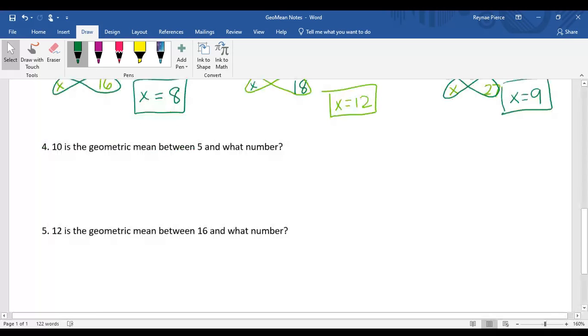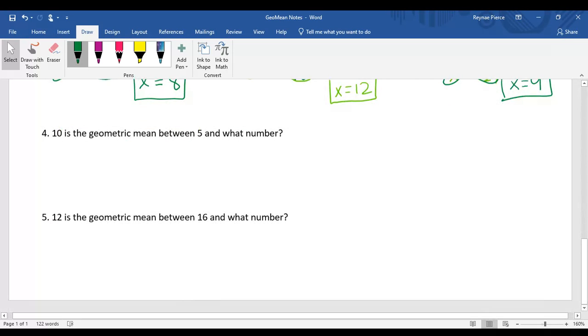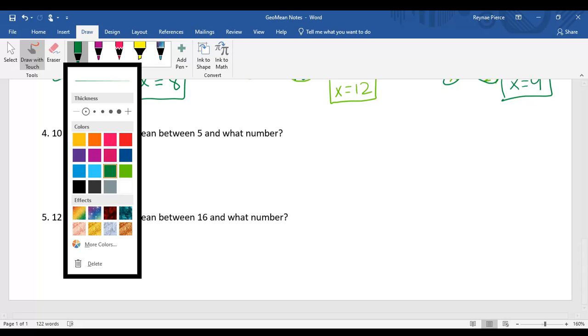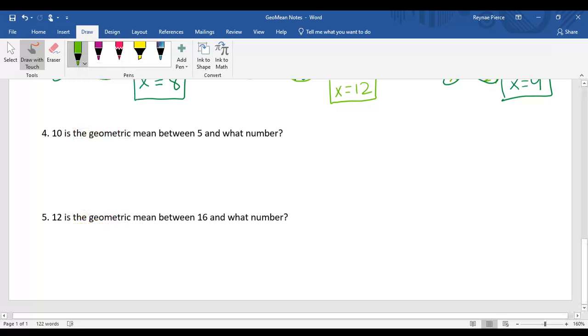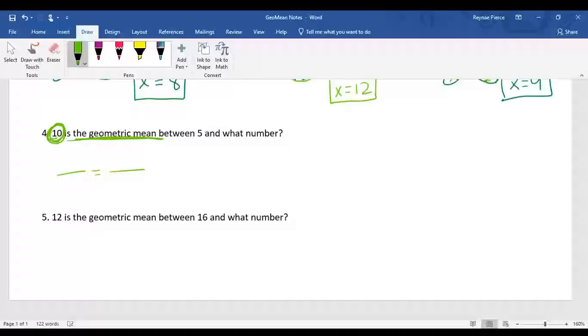But for these last couple of examples, now we are given the geometric mean. So remember, whatever the geometric mean is, since here 10 is the geometric mean, that means 10 shows up twice, once in the numerator, once in the denominator. Now we want to know the geometric mean between 5 and what number? So 5 fills in one of the blank spots, and our variable fills in the last spot.